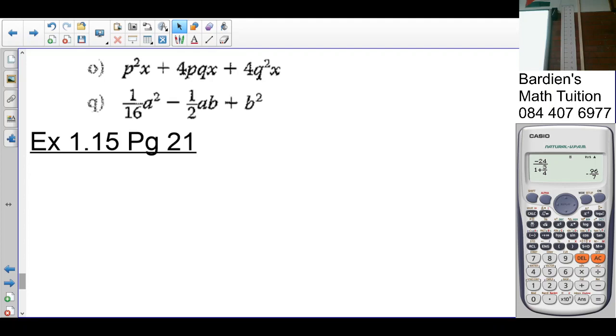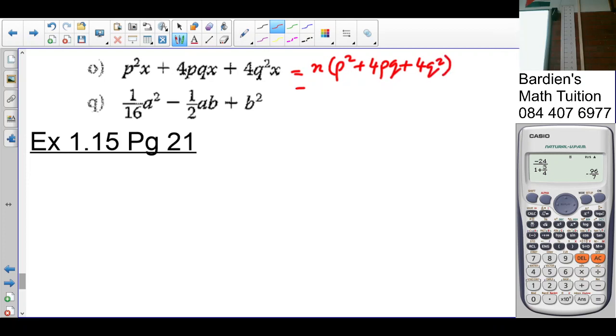What do you notice about the next one? Common factor of x. I'm then left with p squared plus 4pq plus 4q squared, which then gives us x into p plus 2q all squared. All agree with that?